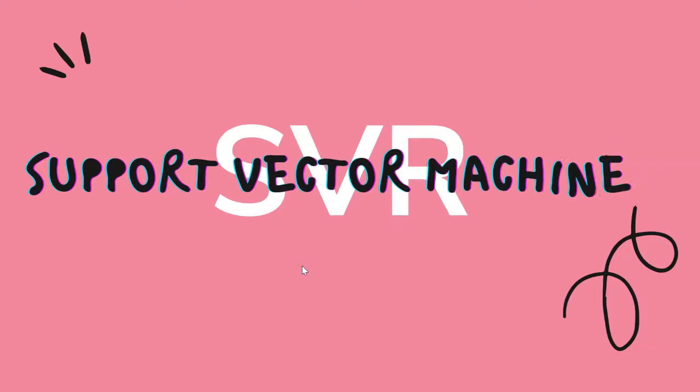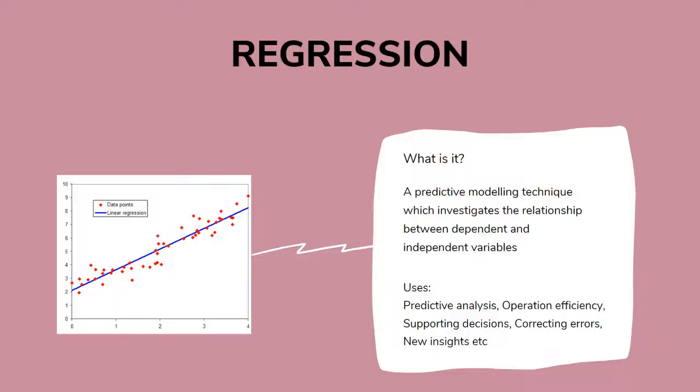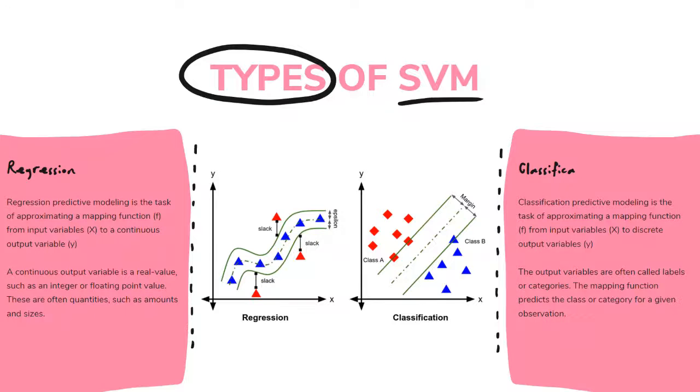So let's recall. We started by getting familiarized with the terms machine learning, supervised learning, and regression. Then we discussed in detail about regression, what it is and its various uses. We then compared support vector machine regression and classification using a diagram.